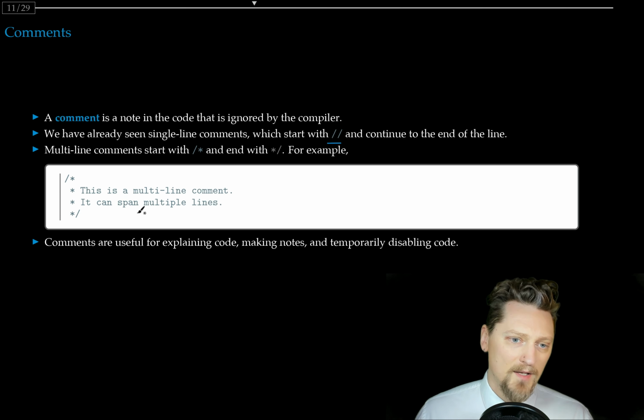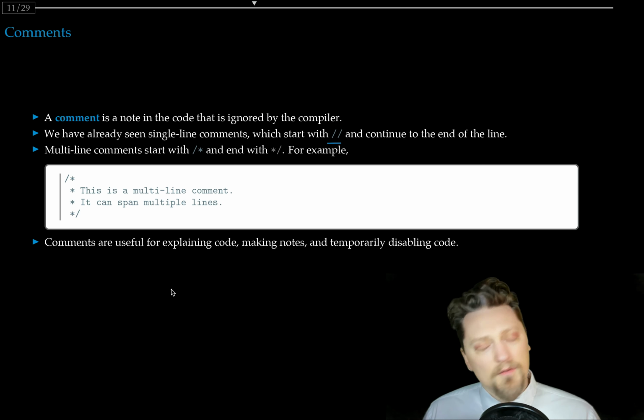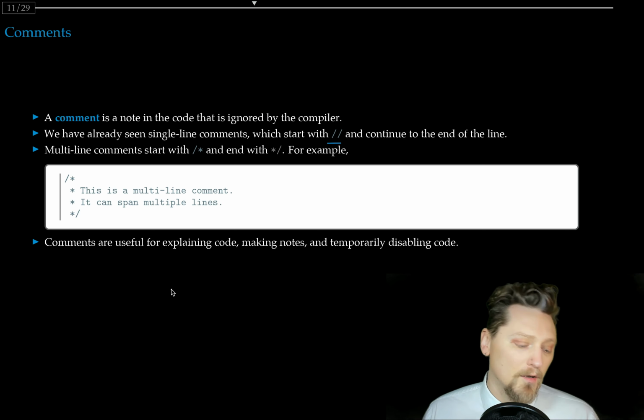It can span multiple lines. This is often the alignment that people choose to use, although that's not strictly required. Comments are useful for explaining code, making notes, and temporarily disabling certain blocks of code or lines of code.